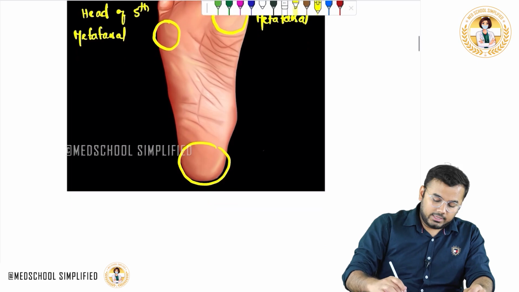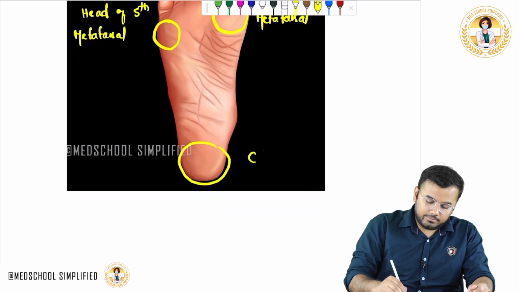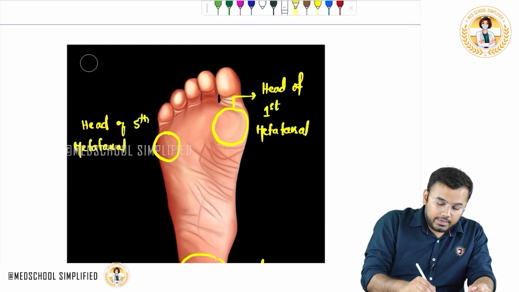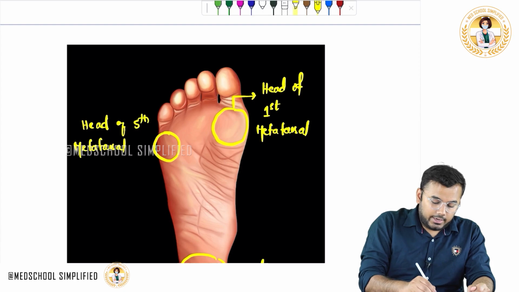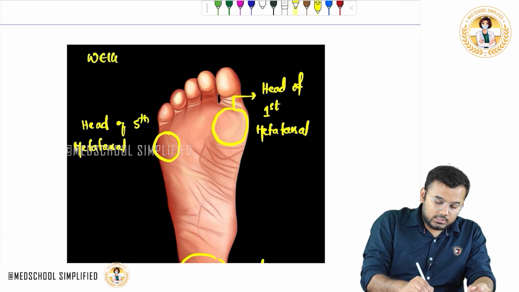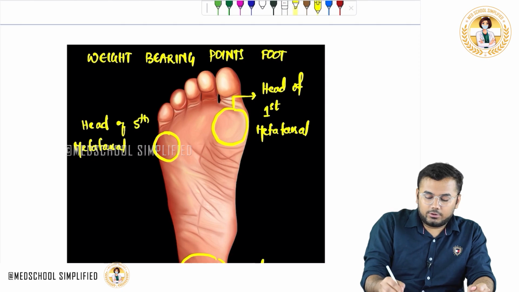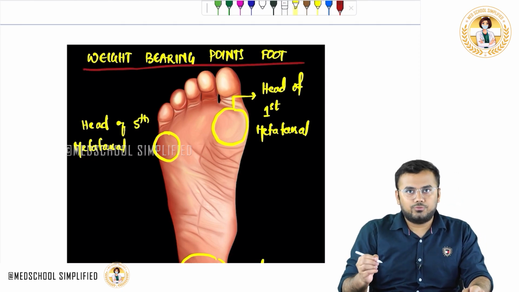And the next important thing is that this is the calcaneum. So these are the 3 weight bearing areas which you need to know. These are called the weight bearing points of the foot, or rather you can call it the sole.